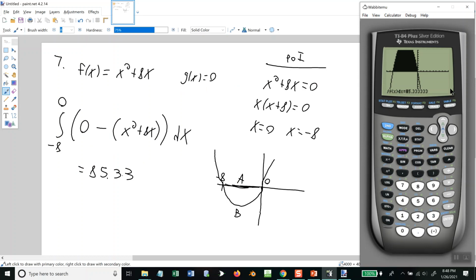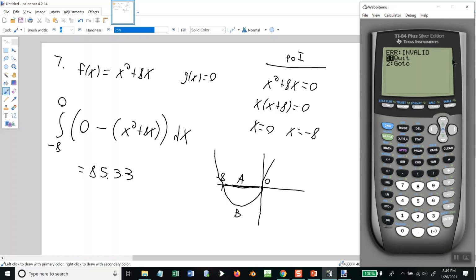One thing, if you've never used this function, if I did second trace, it shows number 7. Lower limit, let me put in negative 12. And then I'll put in 0. Error invalid. How come? Yeah, the intersect points aren't on our display.